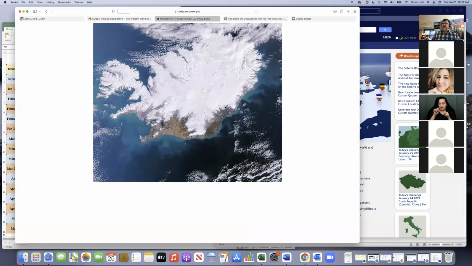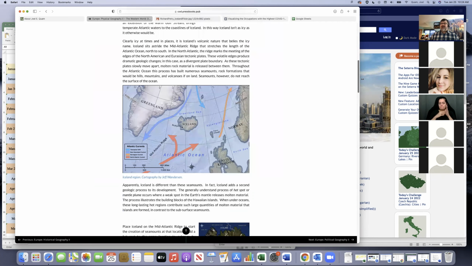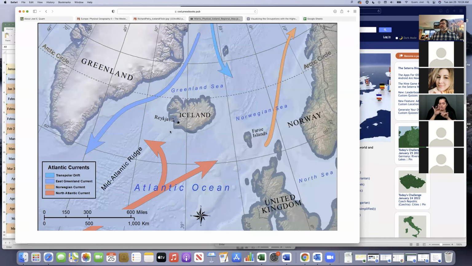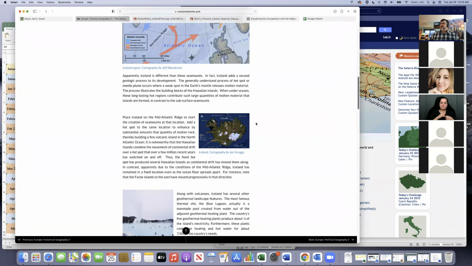So if you click on it, it opens in a new page, a new window, so that you get a much larger view of that photo. Many of the chapters have maps. It's geography, of course, so many of the chapters have maps. The maps are also clickable, so it opens bigger in the screen, so you get a much better view. Here's another map.